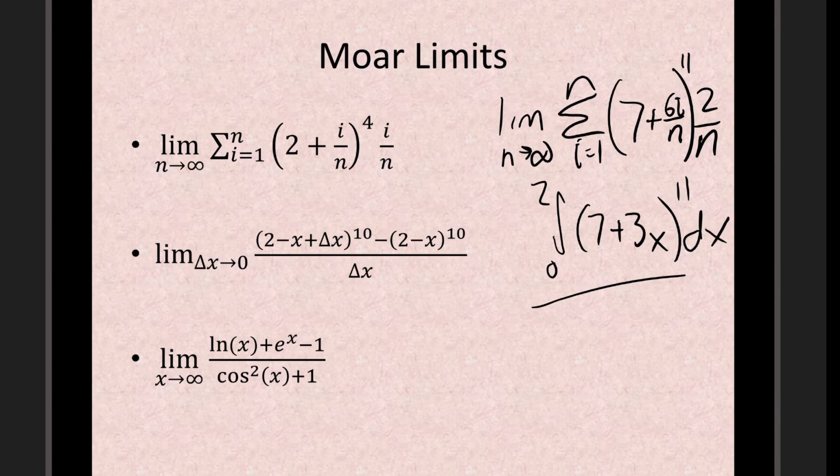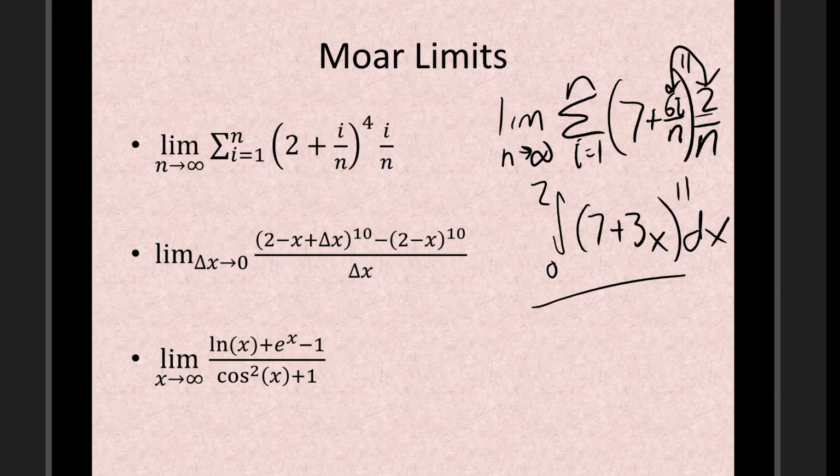Why aren't the bounds from 7 to 9? The bounds aren't from 7 to 9 because this and this don't match.